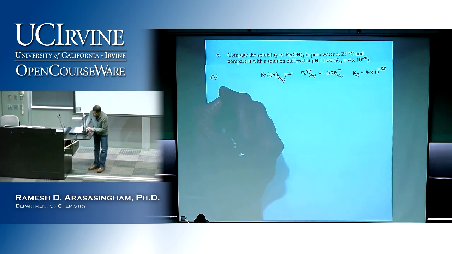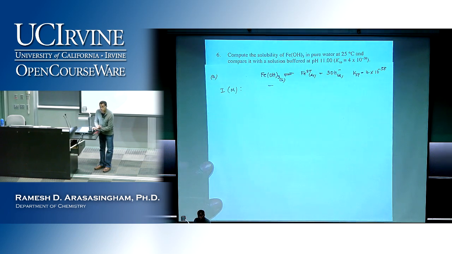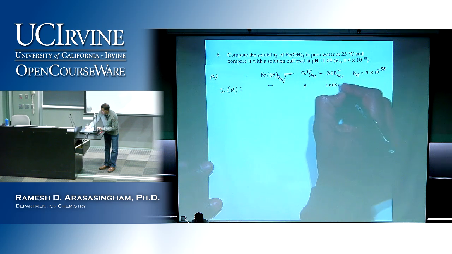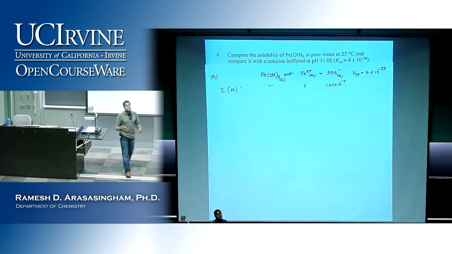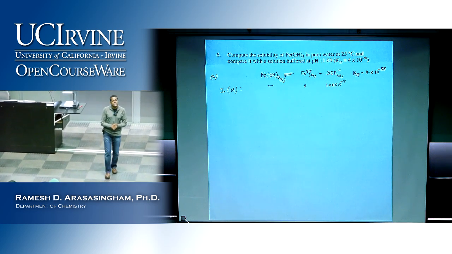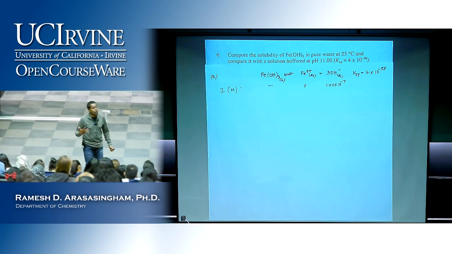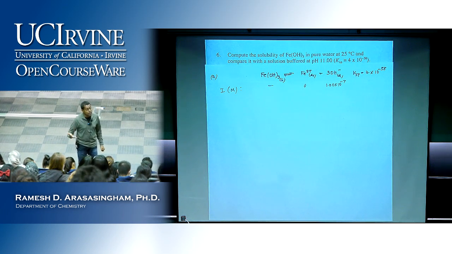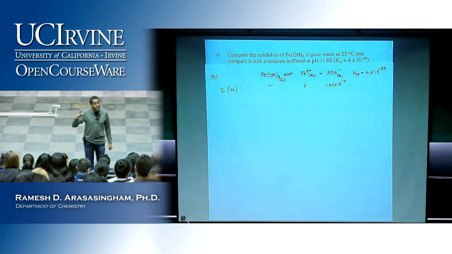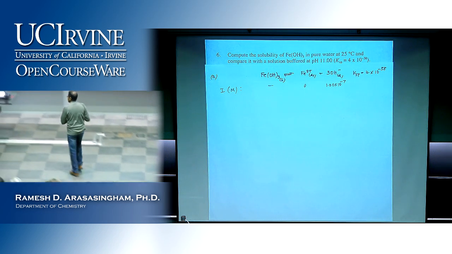So here, when I look at my initial concentrations, remember this is a solid, it does not appear in the equilibrium expression. Before anything happens, we know that the background water has a concentration of 1 times 10 to the negative 7 molar hydroxide. So the reason I'm taking this example is I'm pointing out an example where you cannot ignore background water and the contribution that it makes, because now the scale at which we're looking is even less than 10 to the negative 7, because KSP is 10 to the negative 38.